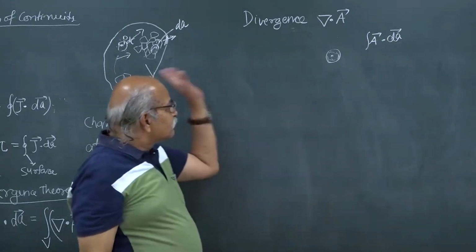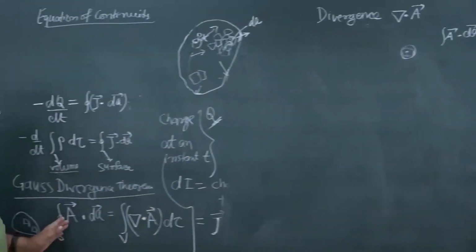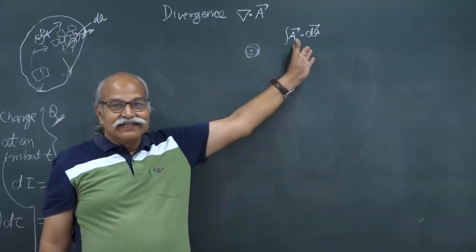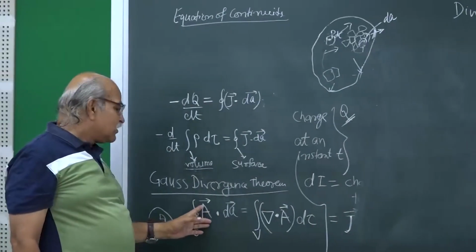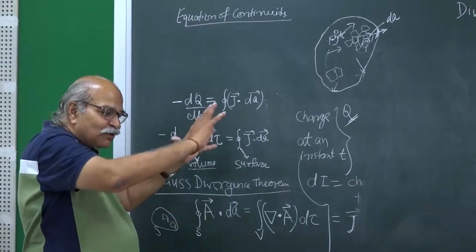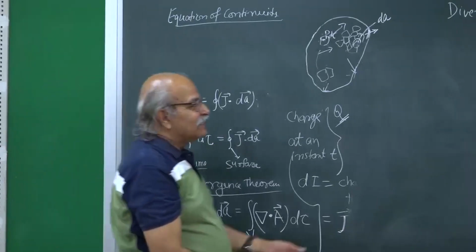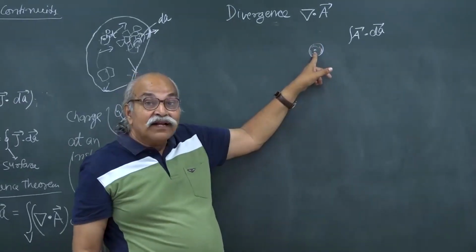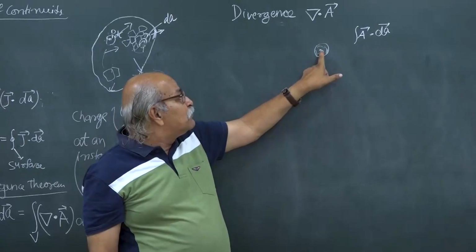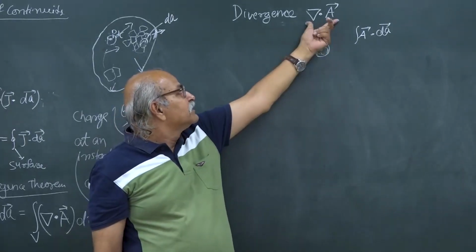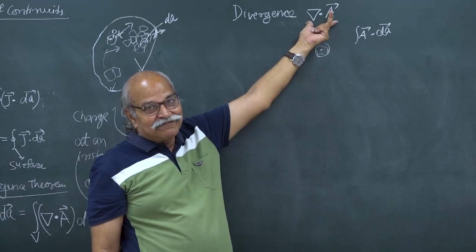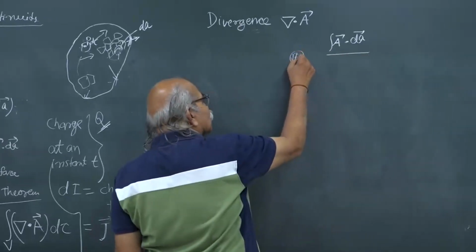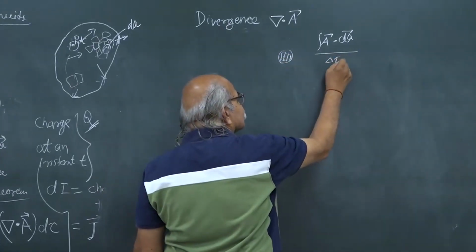What is the difference between this A dot dA and the earlier one? The earlier A dot dA is over a much bigger closed surface, and this one is over a small closed surface constructed by me around the point where I want the value of divergence of A. Then divide it by the whole volume, delta tau.